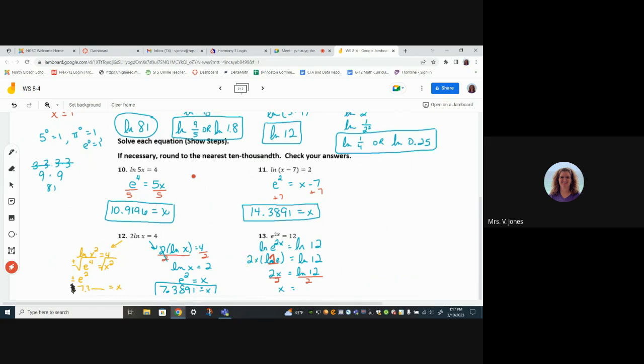So this way, this is all we'll have to type in. So when you type in natural logarithm of 12, so make sure you hit the LN button, close that parentheses, and then hit divide by 2, you're going to get 1.2425. So just be careful in your rounding.